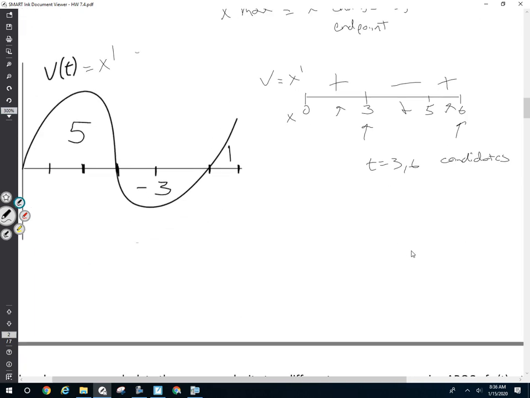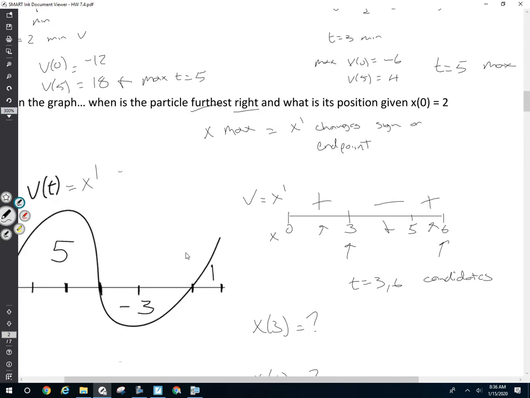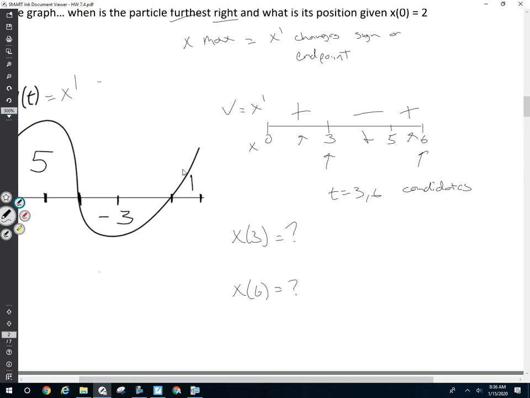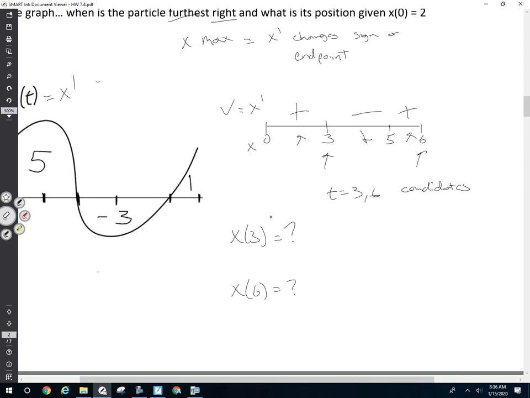But then the question becomes, how can I find x of 3? And how can I find x of 6? Well, this goes back to what we did last class, where an unknown equals a known plus a displacement.